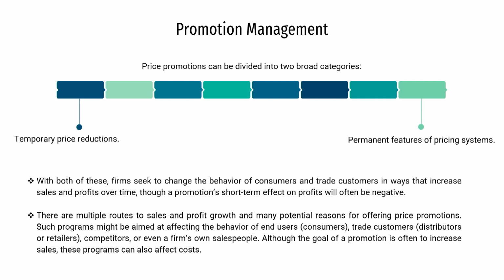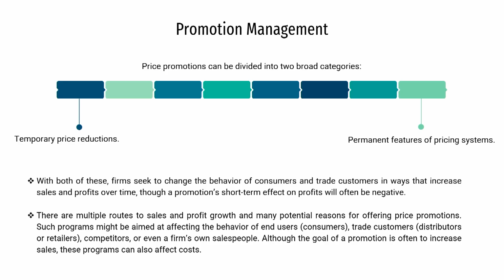Irrespective of that particular time zone, the product features are communicated uniformly. With both of these, the firms seek to change the behavior of the consumers and trade consumers in ways that increase the sales and profits over time.